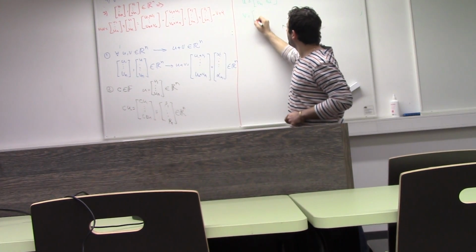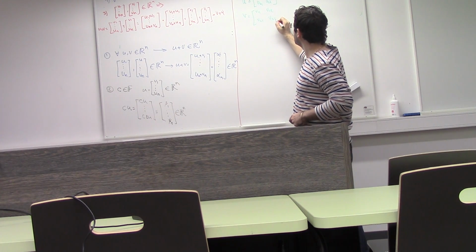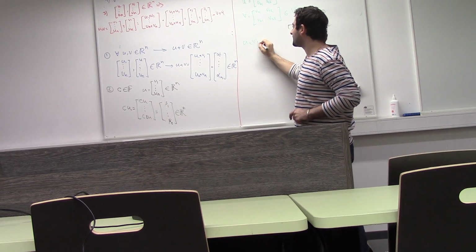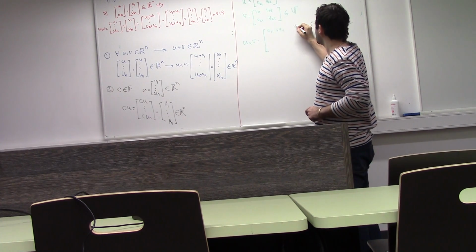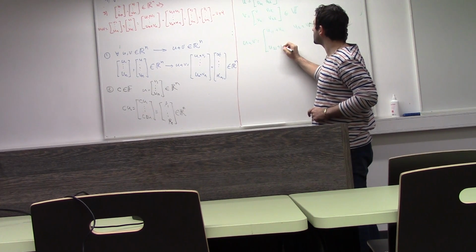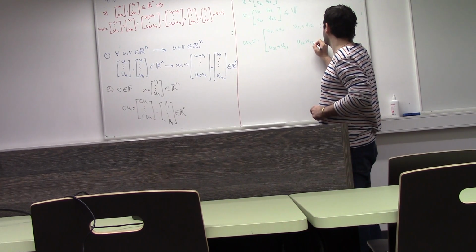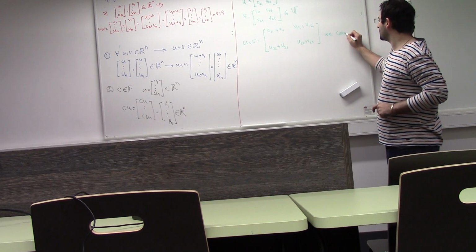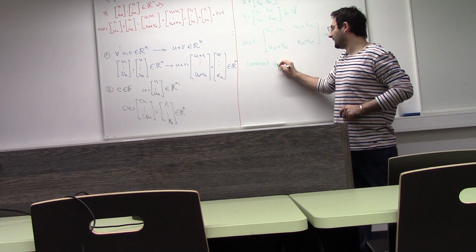And V, which is V11, V12, V21, V22, belongs to V. Then for U plus V, which is U11 plus V11, U12 plus V12, U21 plus V21, and U22 plus V22, we cannot comment anything.